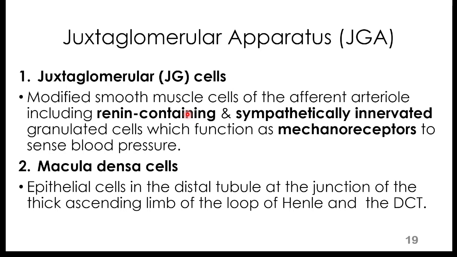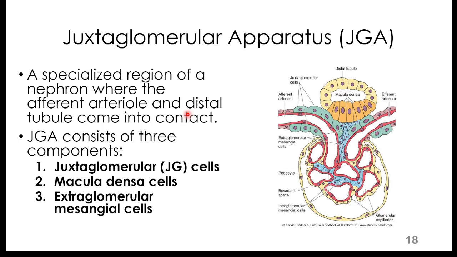So they are sympathetically innervated granulated cells which function as mechanoreceptors to sense blood pressure. Let's go back and look at them. These are the juxtaglomerular cells as indicated, and you can see how they are closely opposed to the afferent arteriole.